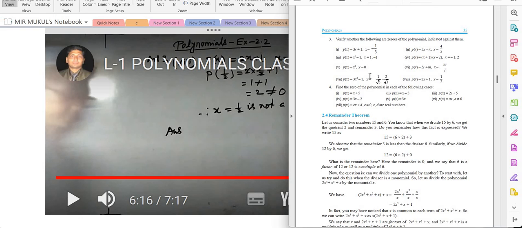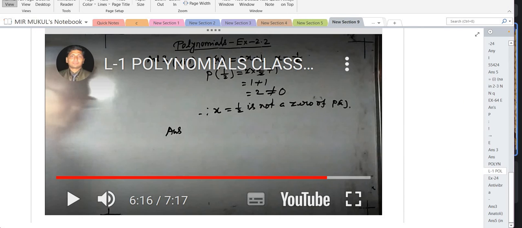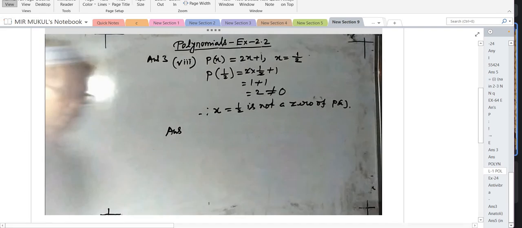If you do not get 0, then it will not be a zero. And in question number 4, they are asking to find the zero of the polynomial in each of the following cases. That means here you have to find the zero for the following polynomial.